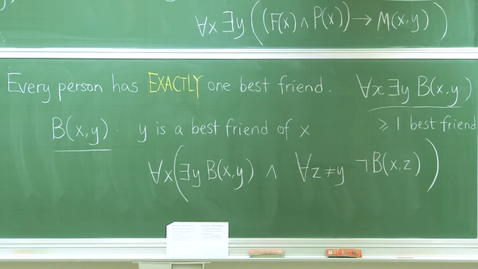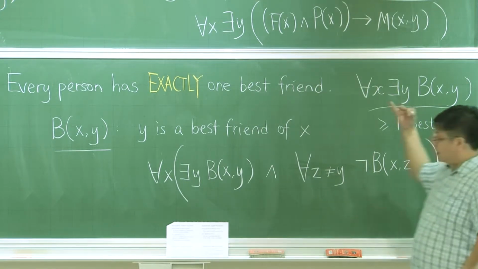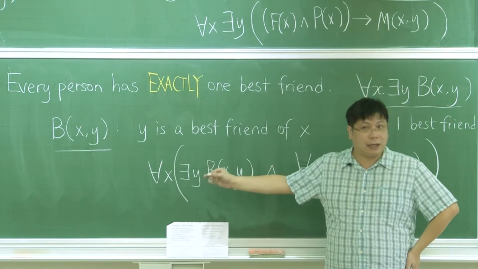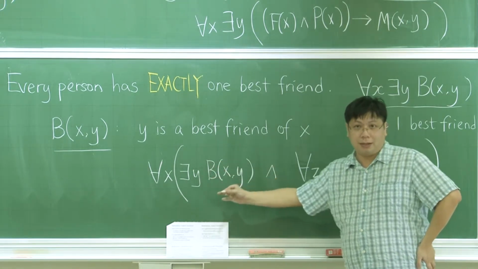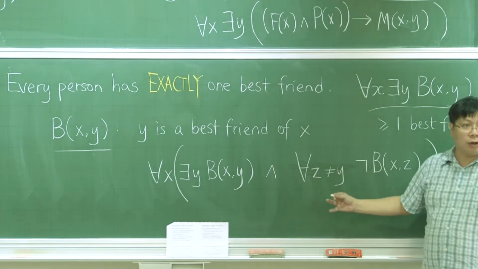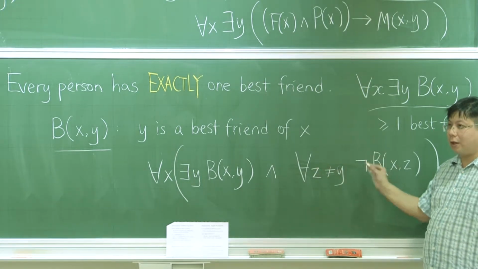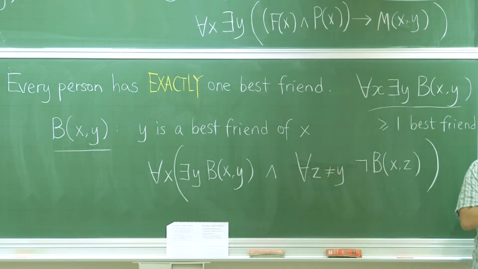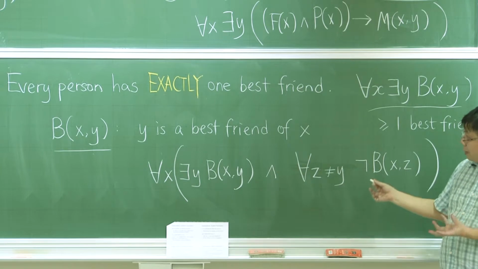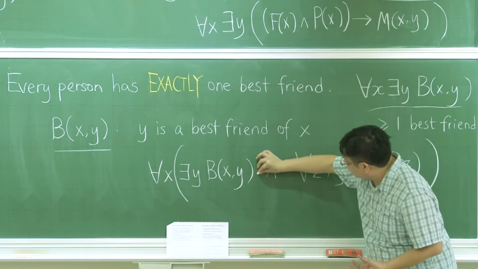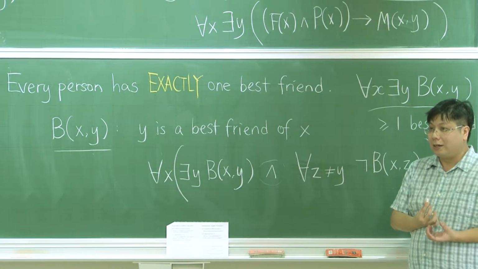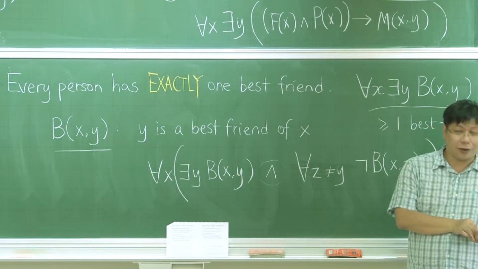So I will need at least someone that I love, at least someone to be my best friend. And then I will need another new condition. Anyone who is not y, who is not this best friend, is not my best friend. Now the most difficult part is you need to understand, oh, this looks like an and rather than imply. So sometimes this is the difficult part.